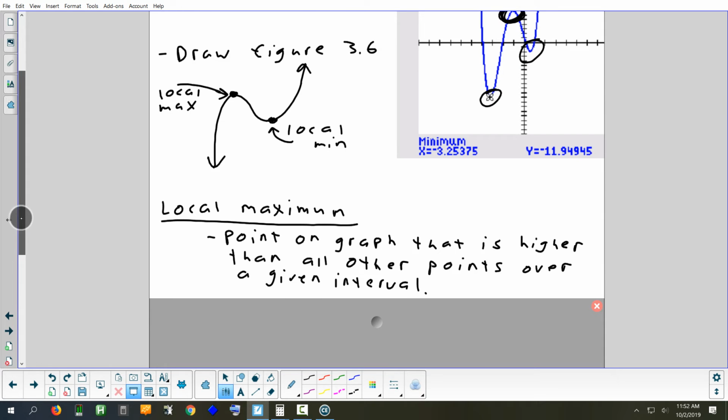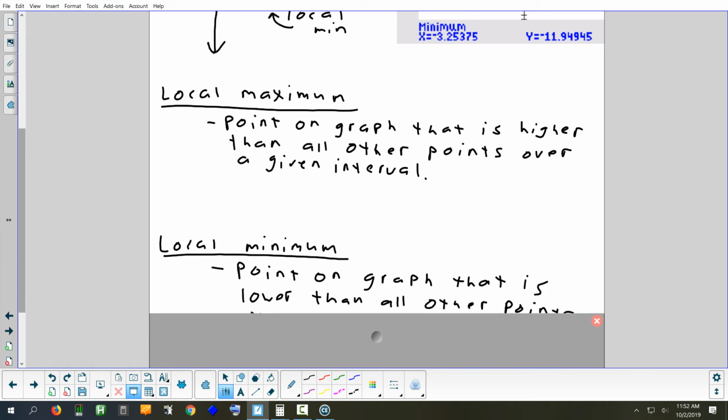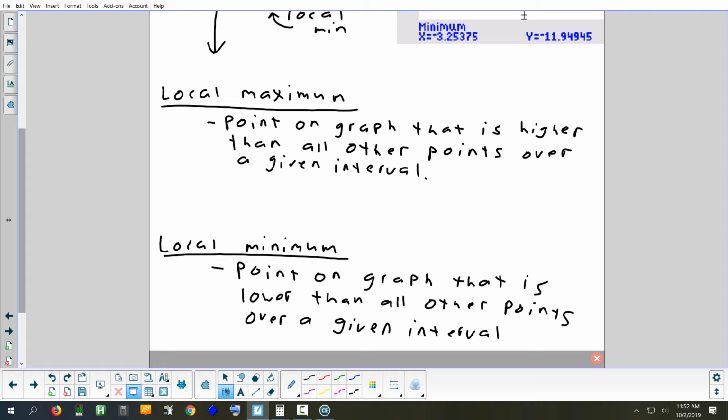Local minimum, it's worded pretty much the same way, except change one word. It's a point on the graph that is lower than everything else around it over a given interval. So local minimum is a point on the graph that is lower than everything else around it.